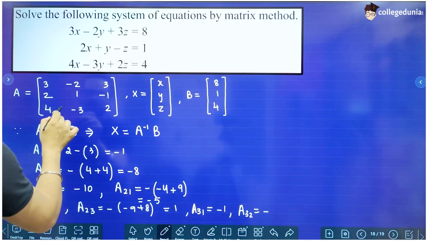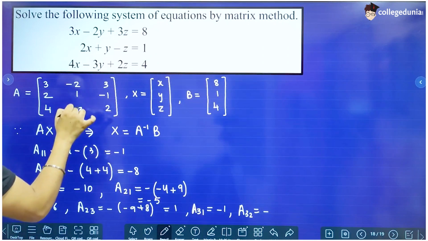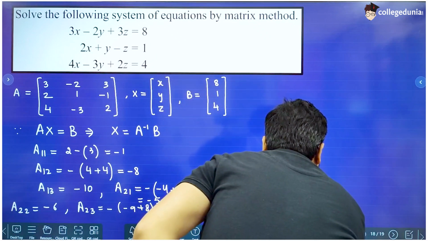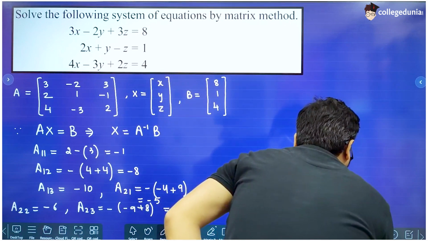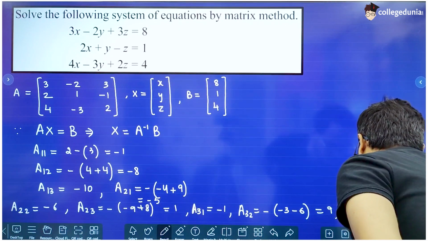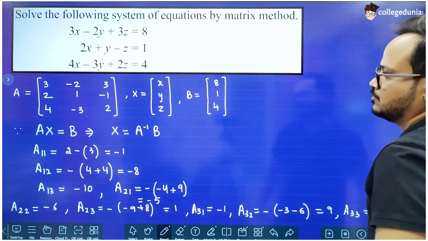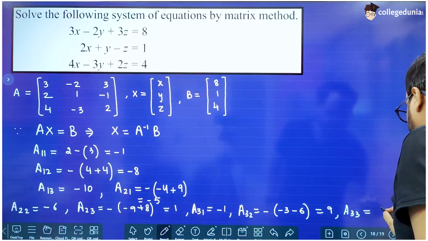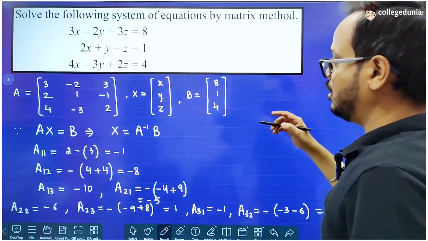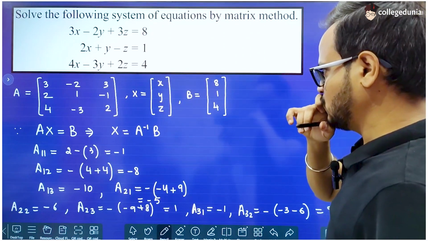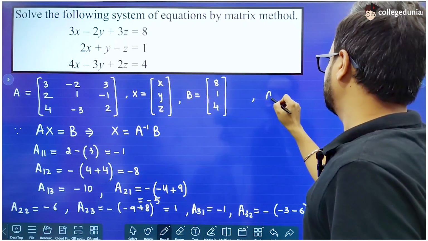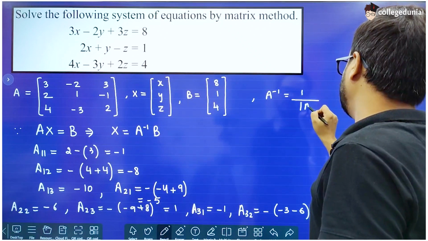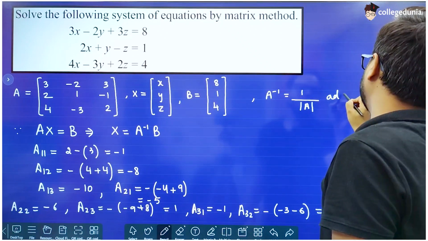Negative. Leave this and this. Minus 3, minus 6. A3, 3. Positive. 3 plus 4. 7. Okay. Now let's find the inverse. A inverse is 1 upon mod A into adjoint A.